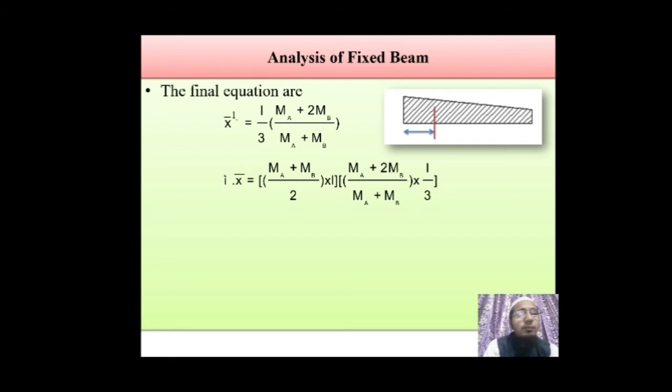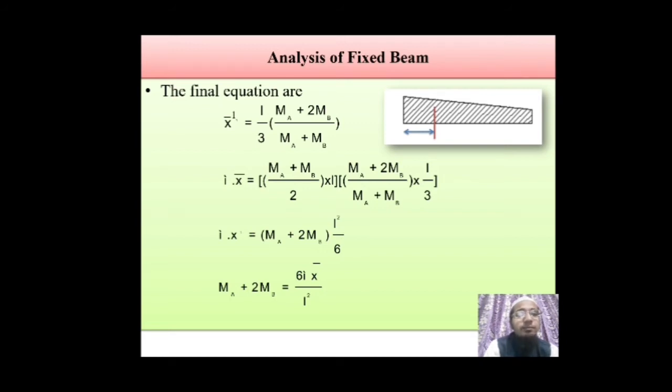Now, as x bar dash equals x bar, if we put Mu dash into x bar dash equal to Mu into x bar and substitute the values of Mu and x bar, we will get MA plus twice of MB equals 6 times Mu into x bar divided by L square. So the second equation we get is MA plus twice of MB equals 6 times Mu into x bar divided by L square.